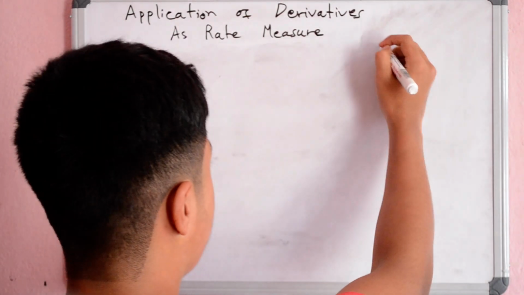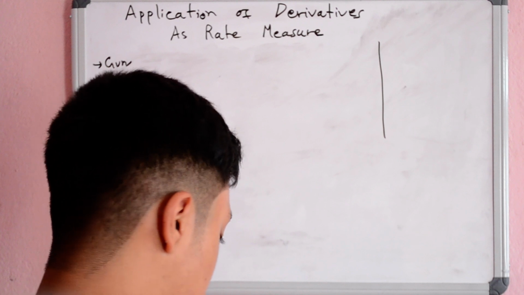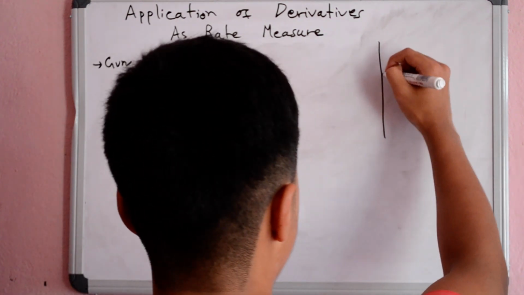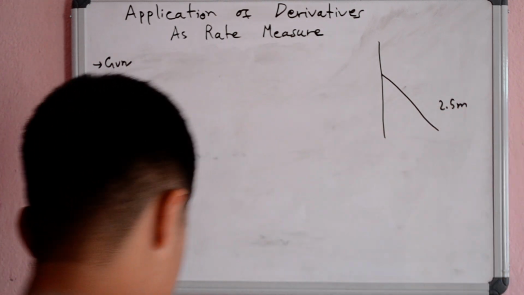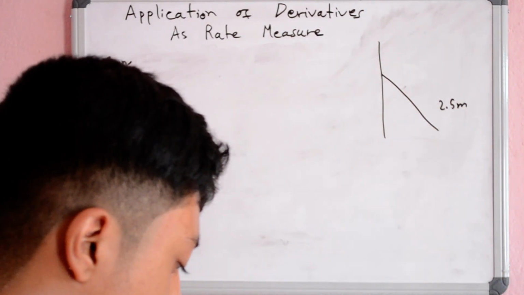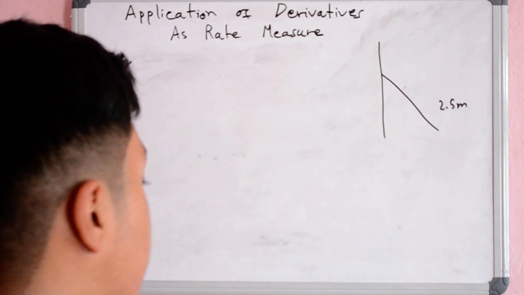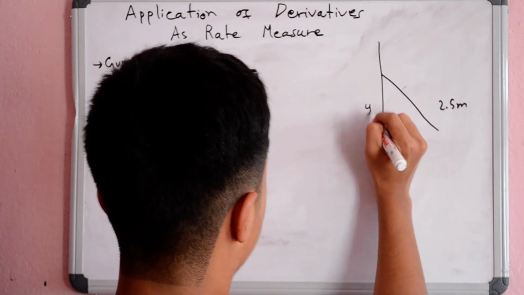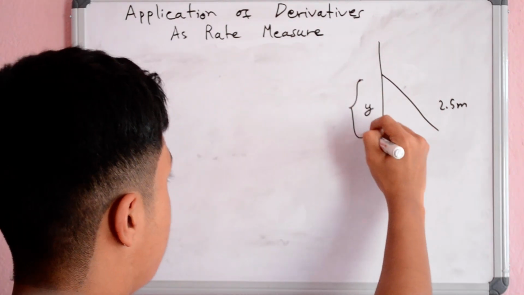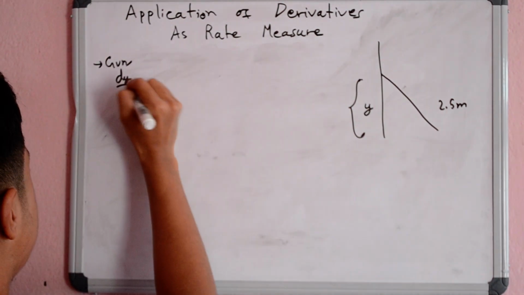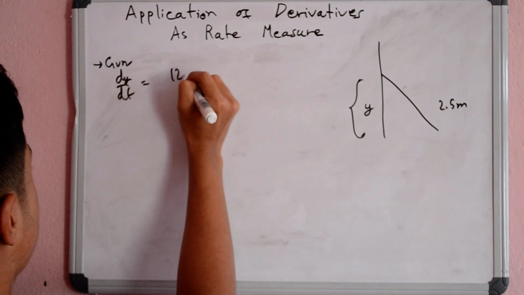So we have a vertical wall like this, and the 2.5 meter ladder leans like this. So we'll say this is 2.5 meter. If the top slides down at the rate of 12 centimeter per second, let's say this is y, this is the height like this, then given dy by dt is equal to 12 centimeter per second.